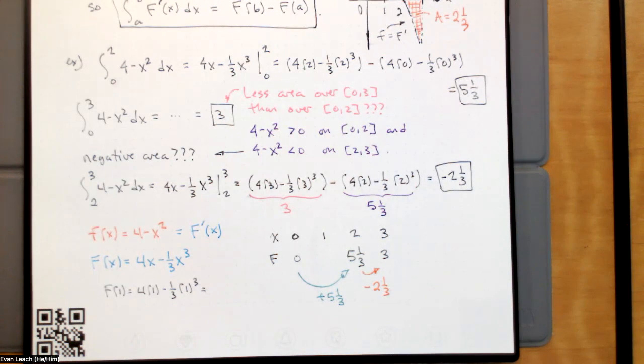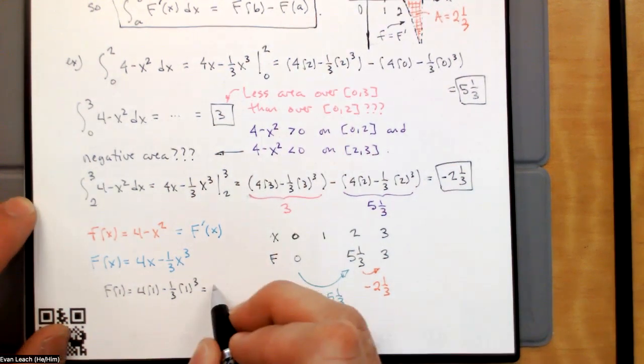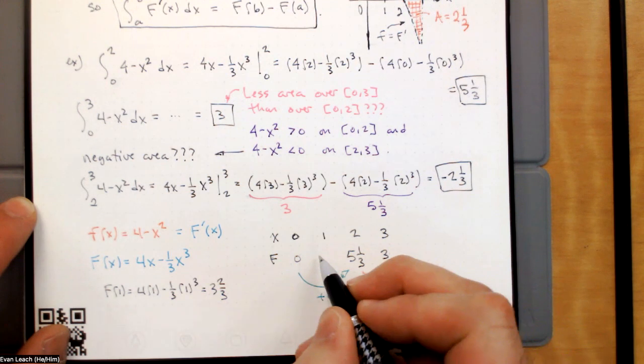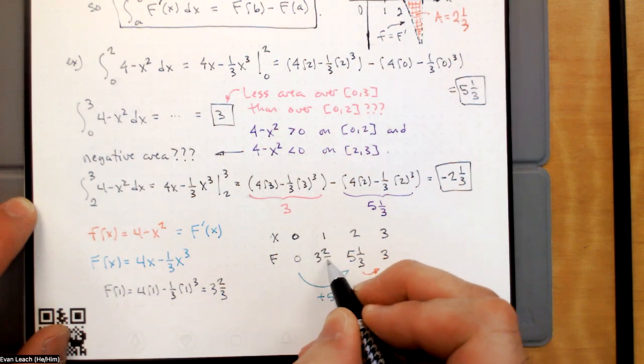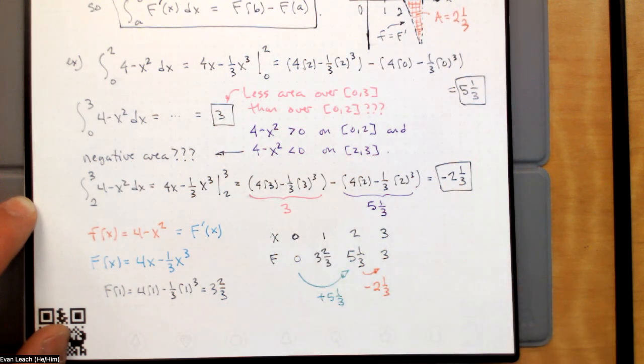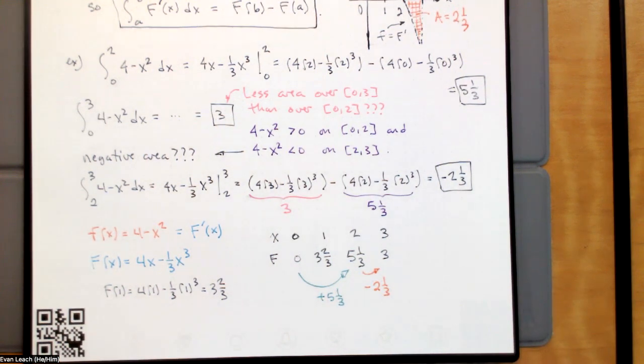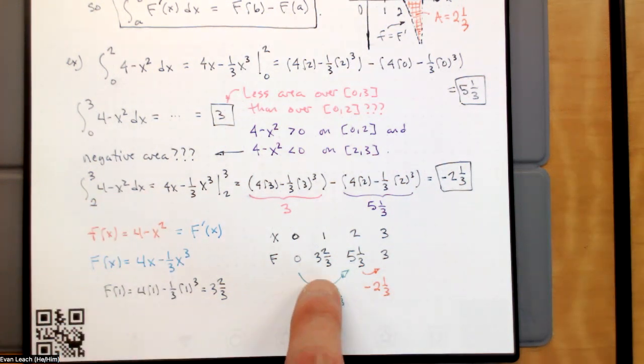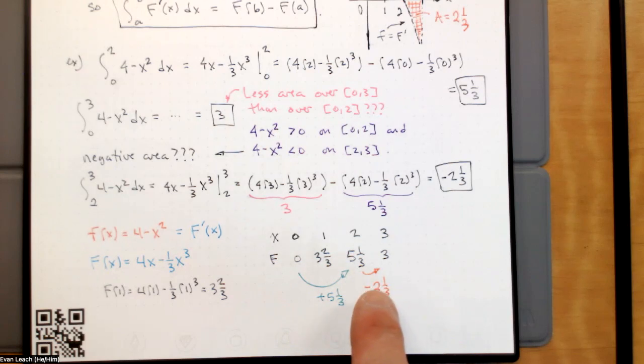We normally call 4 and negative 1/3 3 and 2/3. If we find the integral from 1 to 2 of 4 minus x squared, that will be the difference between 3 and 2/3 and 5 and 1/3.